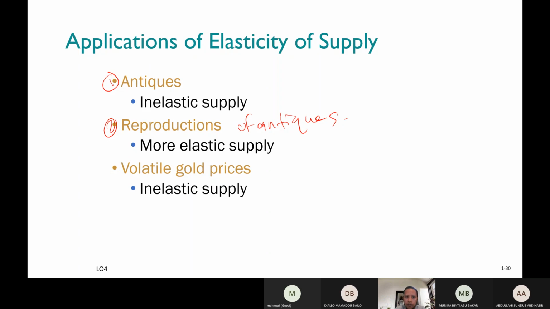Then another aspect: if you follow the price of gold, the price of gold is actually quite volatile. Actually, let's try to see.